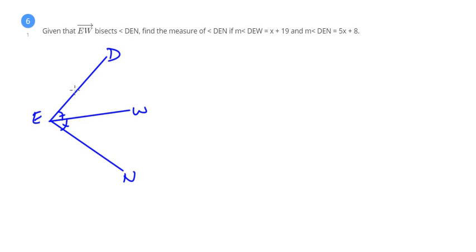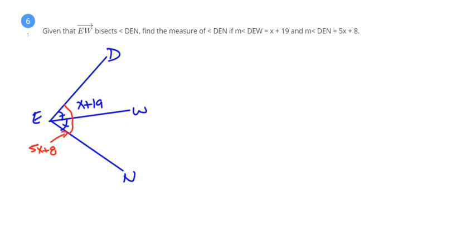Find the measure of angle DEN, this whole thing, if measure of DEW, this one here, is x plus 19. And DEN, that whole angle there, is 5x plus 8. Okay?